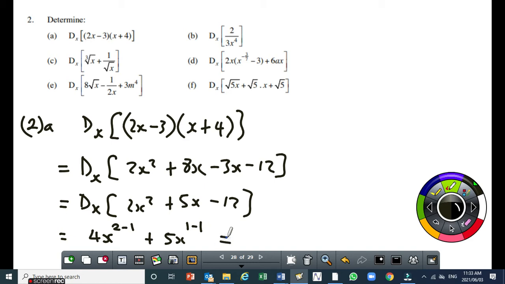So the final answer here is going to be 4x, right? 1 minus 1 gives us a 0, x to the power of 0 is a 1. 1 times 5 gives us a positive 5. So, all right, that's the first one.